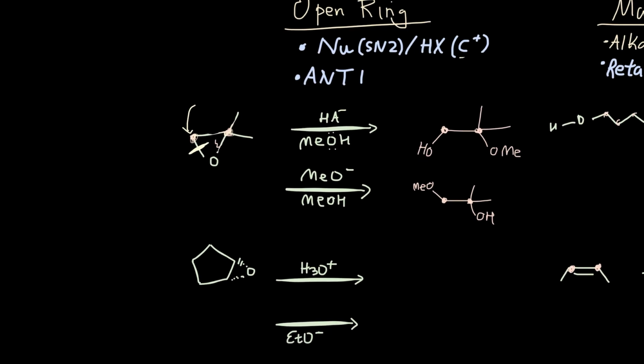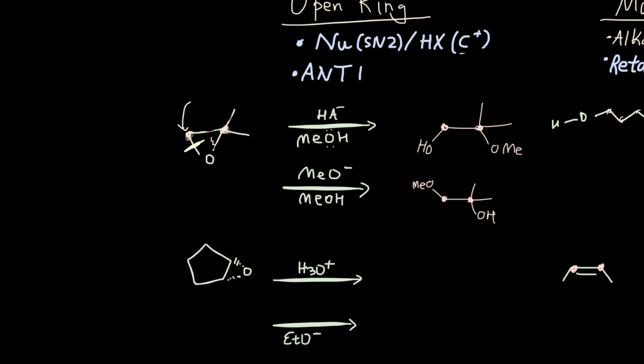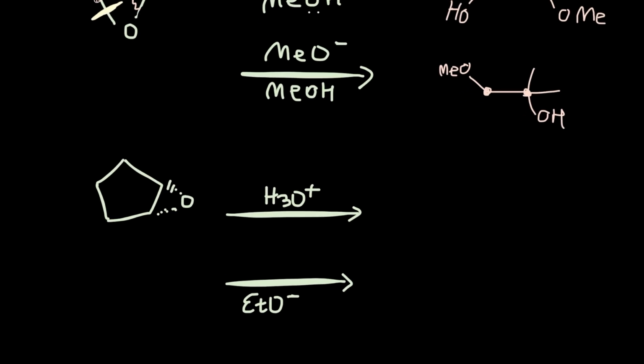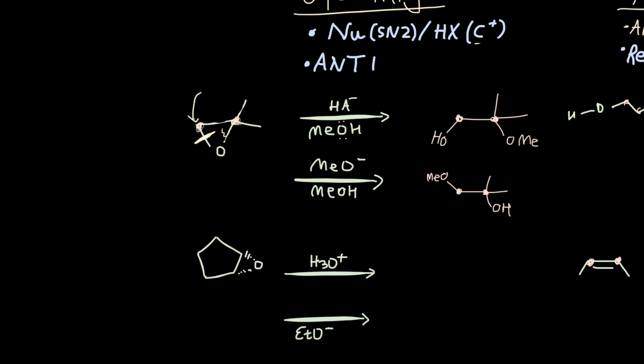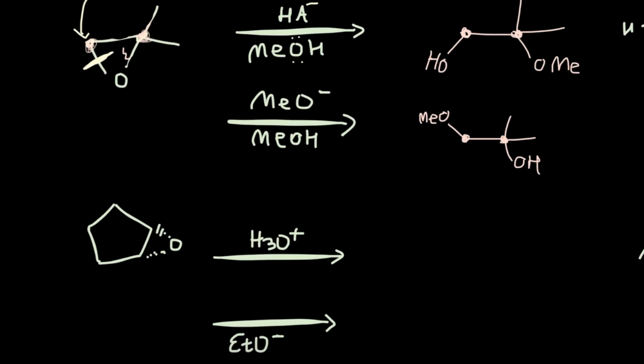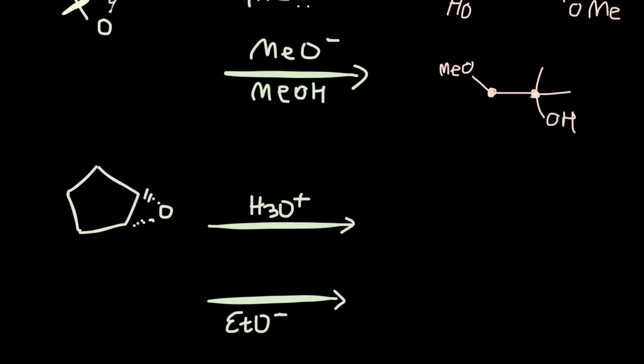Use a nucleophile for SN2 or use a strong acid for a carbocation. Same thing if you have this type of ring, which is made from alkenes, but there's pretty much no difference except you want to note that when you open the ring, you will have branches. So you're going to have a wedge and a dash.